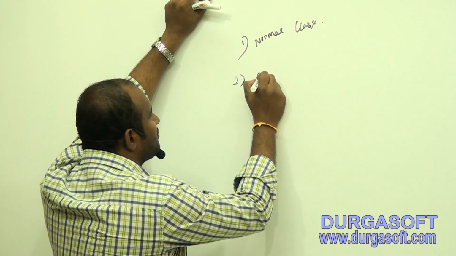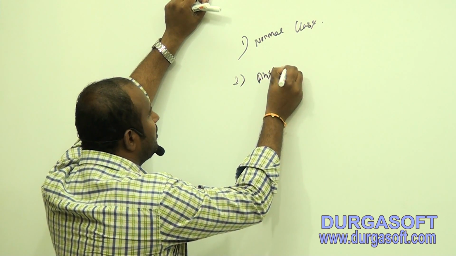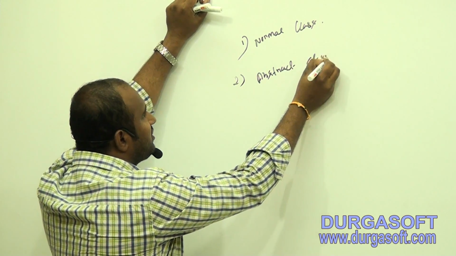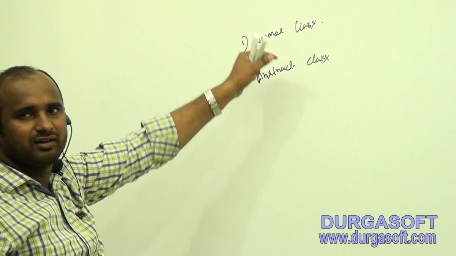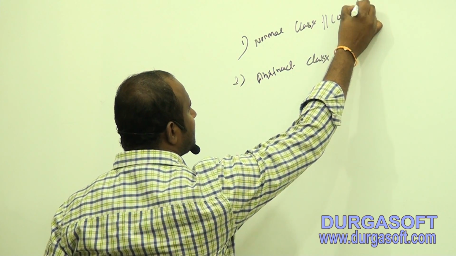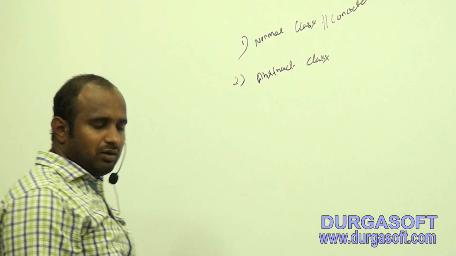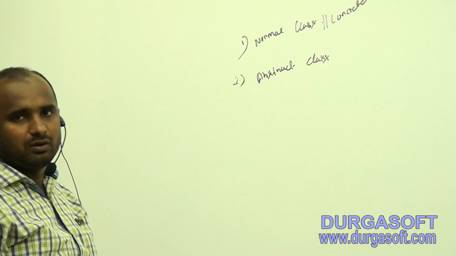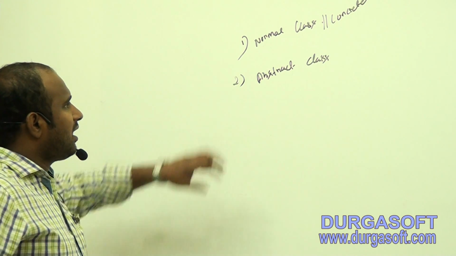Number 2, abstract class, which I discussed in the last video. What do you mean by abstract class? The definition is very important. Normal classes are nothing but concrete classes, meaning they contain only normal methods. Next, abstract class.